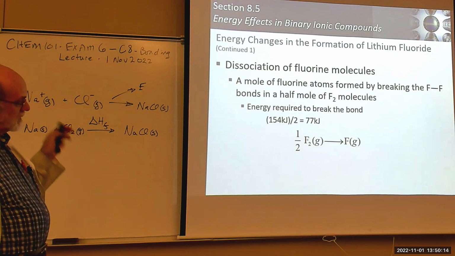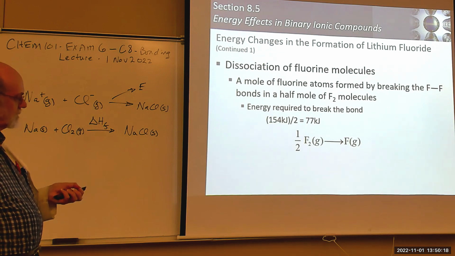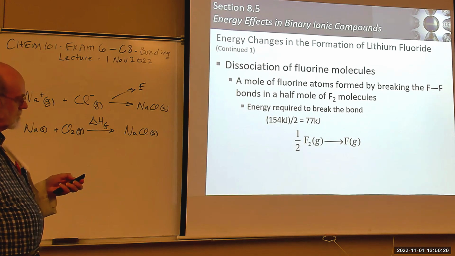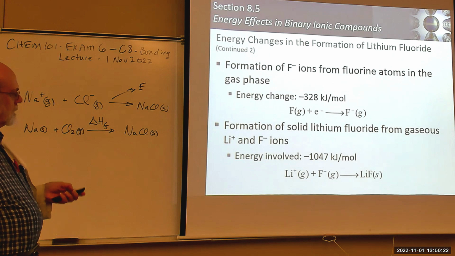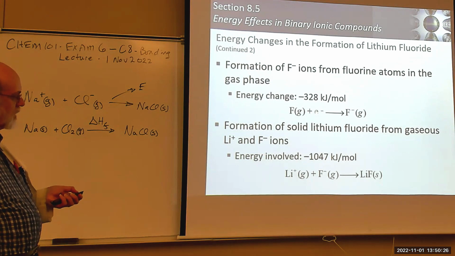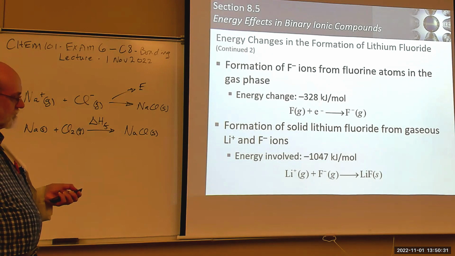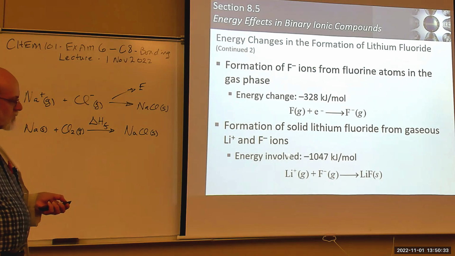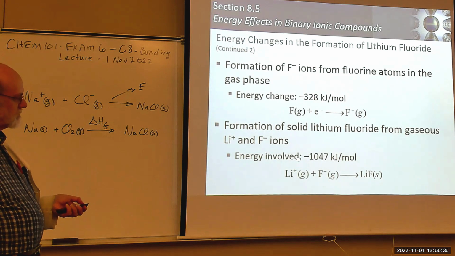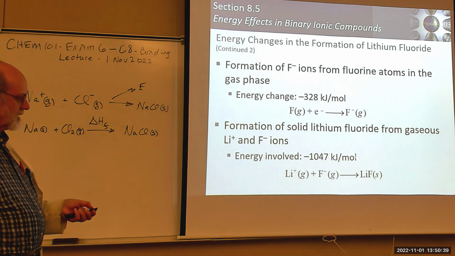In this case, we have to add energy, and it's in that amount. Now we've got the signs correct. This is an exothermic process when electron affinity is a negative value. And then the energy involved here is significantly greater. This is the lattice energy right here.